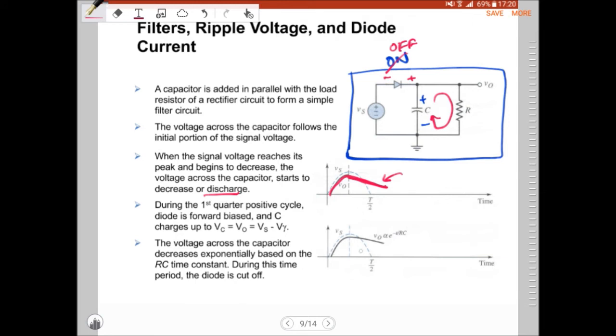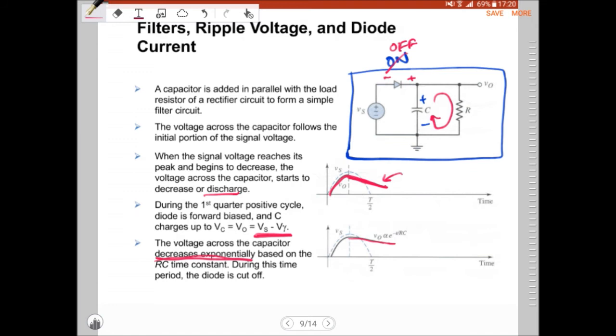The maximum voltage of the capacitor when fully charged is Vs minus V gamma, the secondary voltage minus the drop across the diode. This discharging follows the discharging of a capacitor, and decreases exponentially, based on the RC time constant.